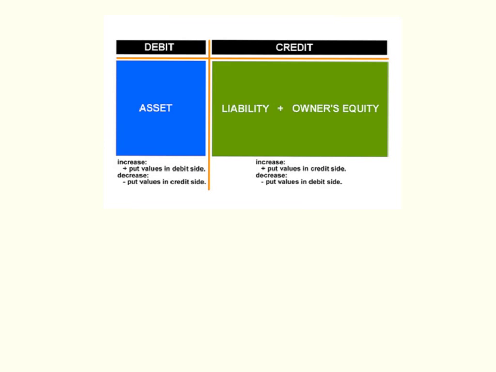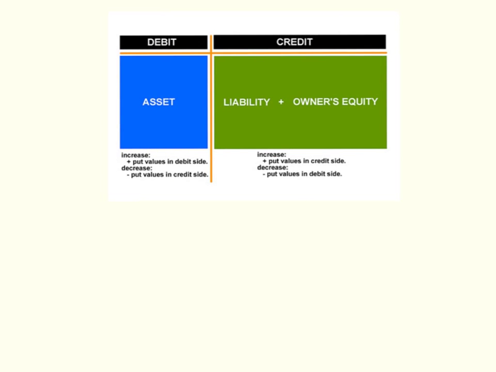Do not get that confused with accounting. The only thing that debit and credit mean in accounting is that you put it on the right or the left side. That is it. It is the nature of the account, what the account means, whether it's an asset, a liability, or an equity account, that determines whether your account will increase or decrease.